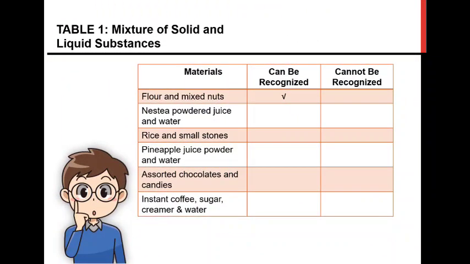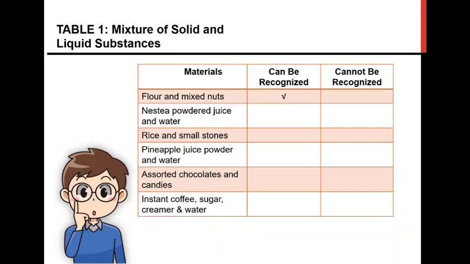So this is the table of mixture of solid and liquid substances. The first one, the mixture of flour and mixed nuts. Their components can still be recognized. How about the next one? Nesty powdered juice and water.